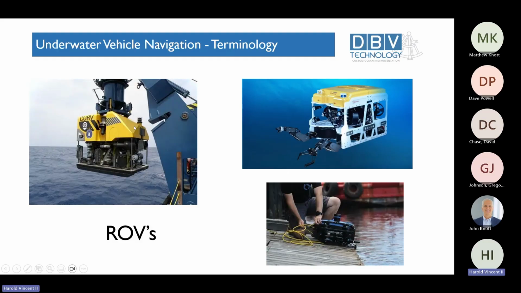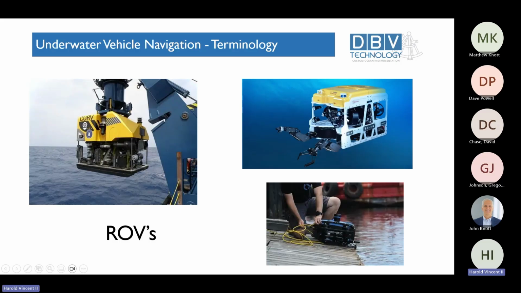This is a deep diving ROV, thousands of meters deep, requires a tether management system, requires a LARS, a launch and recovery system. The upper right is a medium-sized work class remotely operated vehicle. If you can see my mouse, that is an acoustic transducer that's installed on that vehicle to provide acoustic positioning or communications to the vehicle.